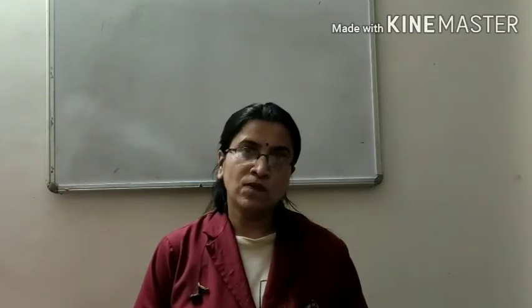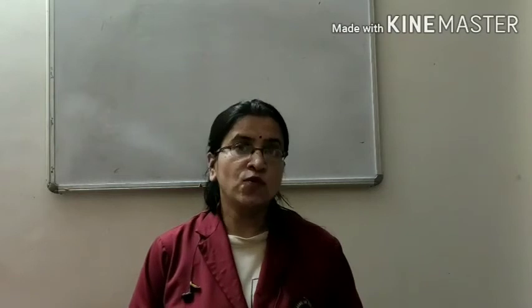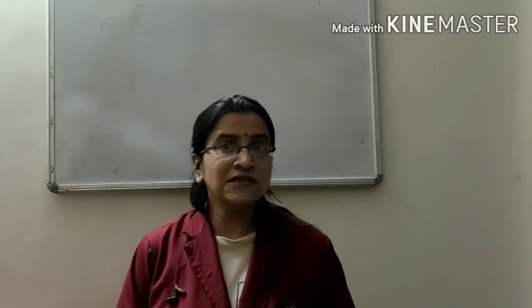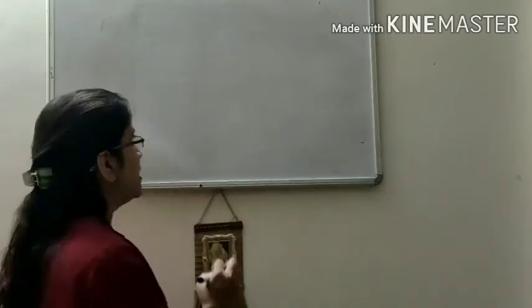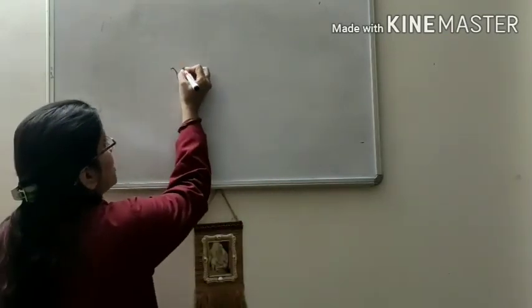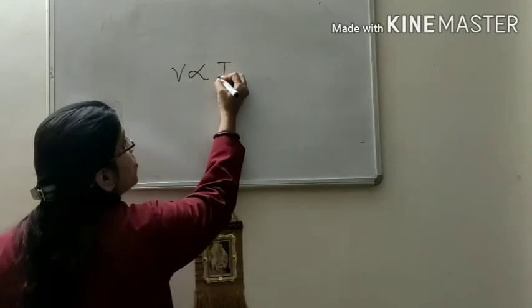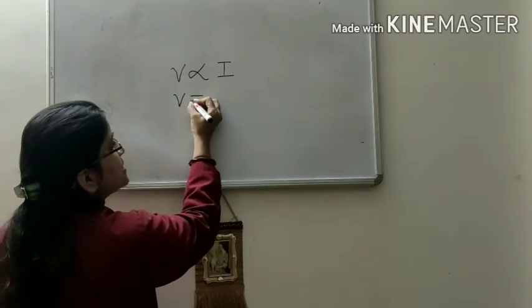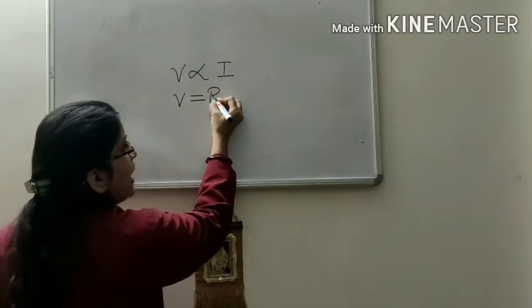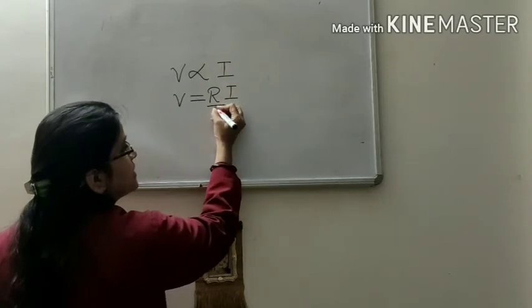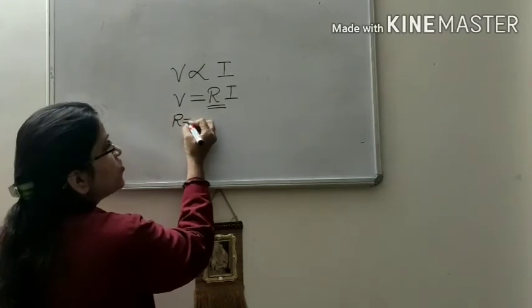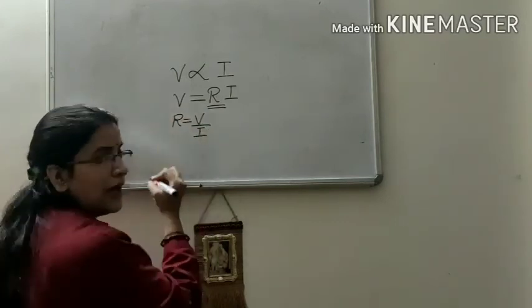According to Ohm's law, the current flowing through a conductor is directly proportional to the potential difference across it. Mathematically, V is directly proportional to I. If you remove this proportionality sign, you get R, which is called resistance. Now, R is equal to V upon I.